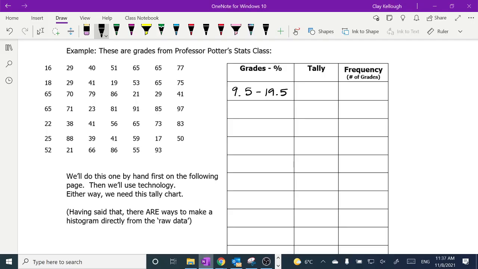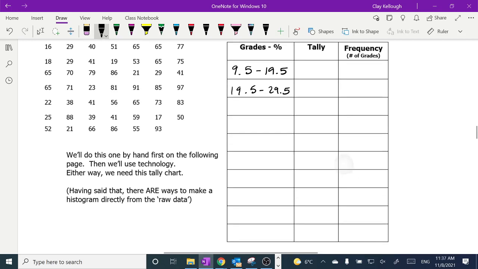Okay, so the first interval is going to be from 9.5 to 19.5. The next interval is going to be from 19.5 to 29.5. And then we're just going to continue filling in the chart exactly like that.